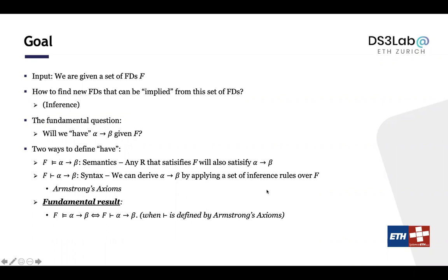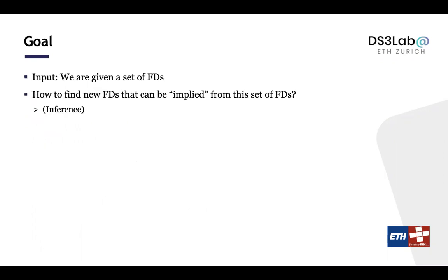That is, Armstrong's axioms are both complete and sound, which means that for any functional dependency alpha to beta that holds semantically, you can derive it using Armstrong's axioms. And also, all the functional dependencies that you derive by applying Armstrong's axioms are semantically sound, in the sense that semantically they also hold. So this is a fundamental result about the inference of functional dependency that we are going to look at for the rest of the lecture.